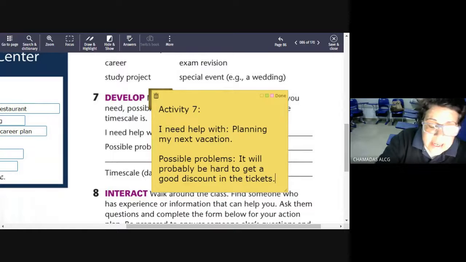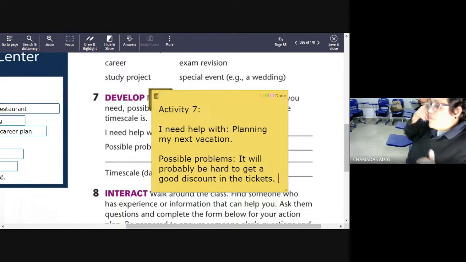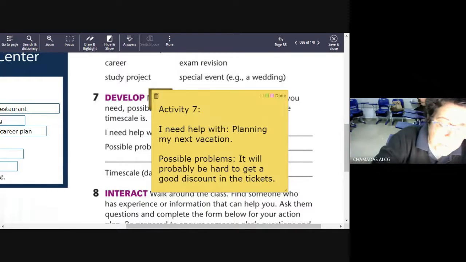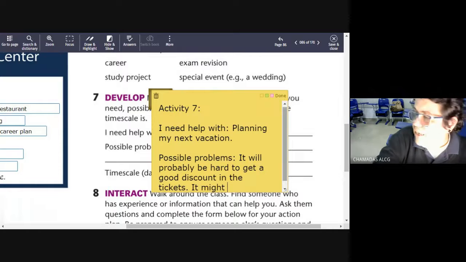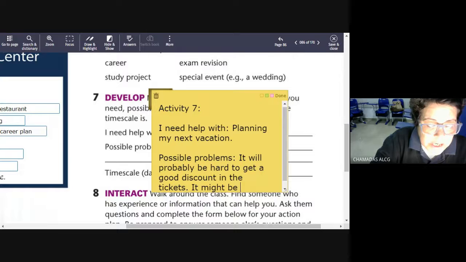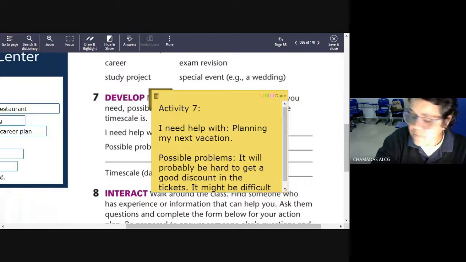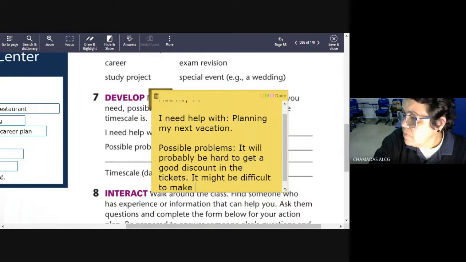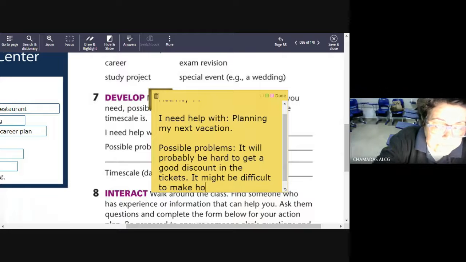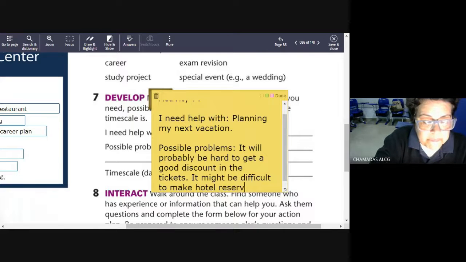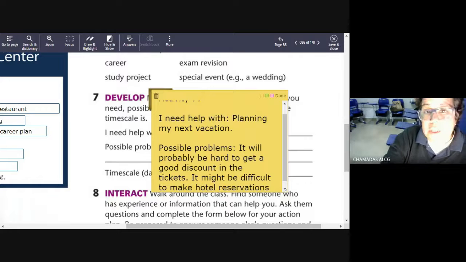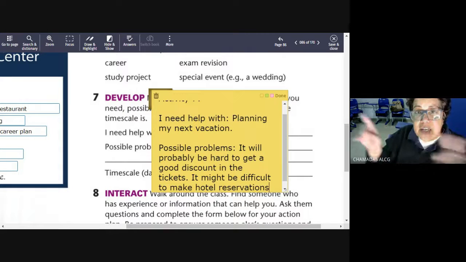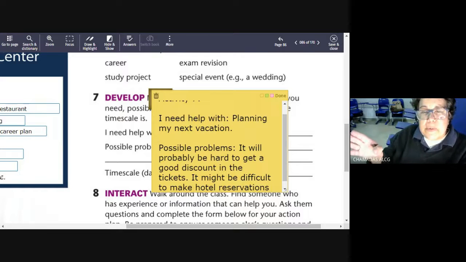And we might have some difficulties with the hotel reservations because at this time, making a reservation is very difficult too. So it might be difficult to make hotel reservations, especially if we decide to stay the last week of December, which is Christmas and New Year's.